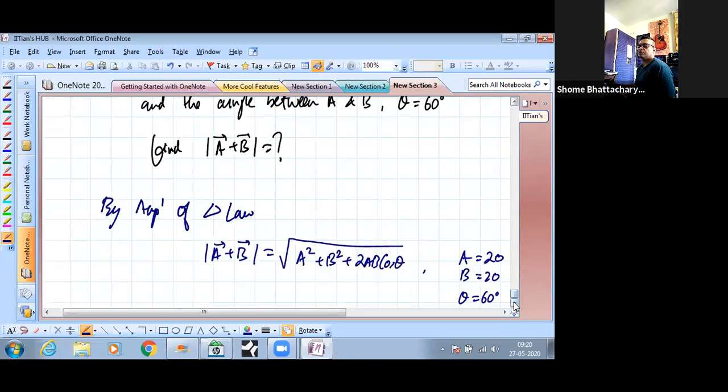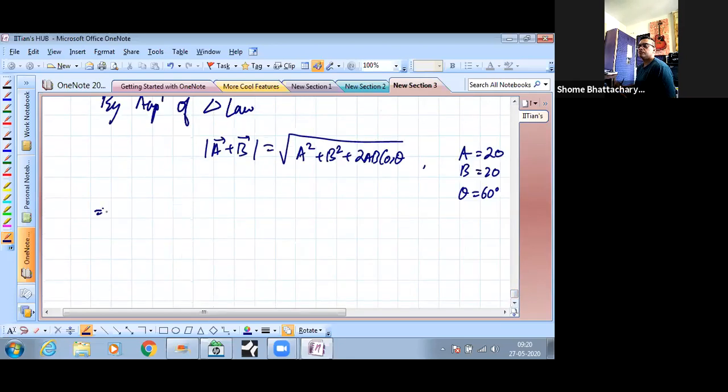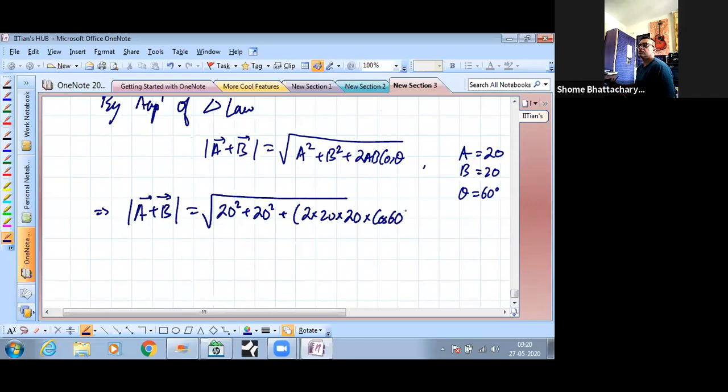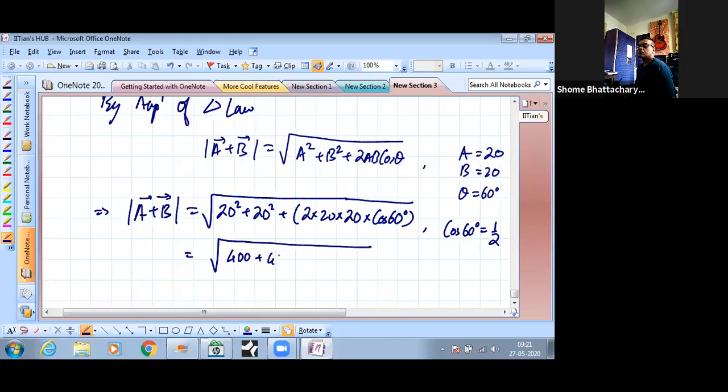So this direct substitution when we do, let's see what we get. Two into A into B into cos 60 degrees, where we'll use the standard value which we know, that cos 60 degrees is half or 0.5. So just substitute cos 60 as half, and you'll get this also as 400.